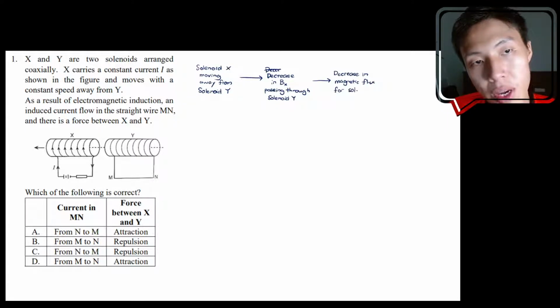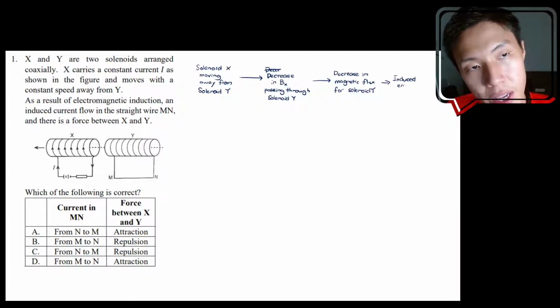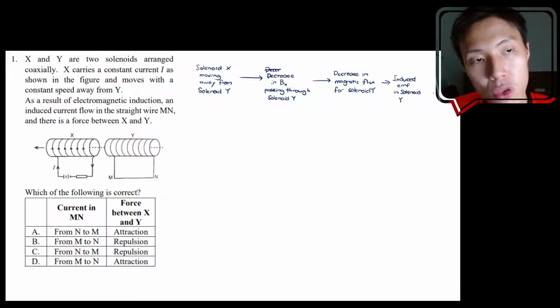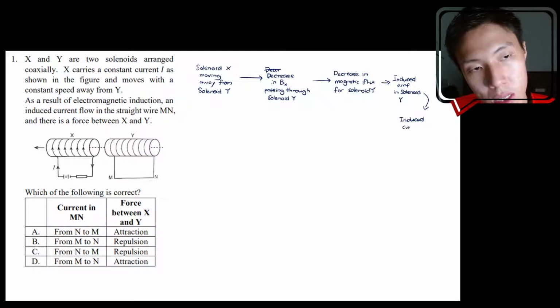Because solenoid Y experiences a change in magnetic flux, you should expect an induced EMF first, induced EMF in solenoid Y. And because solenoid Y is a closed circuit, a closed loop, you have an induced current in solenoid Y. The induced current in solenoid Y will create a magnetic field.